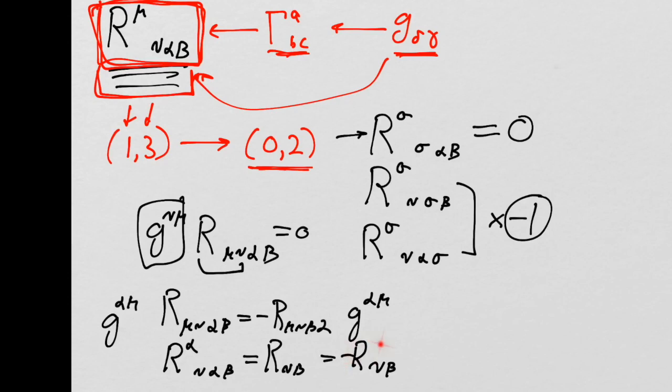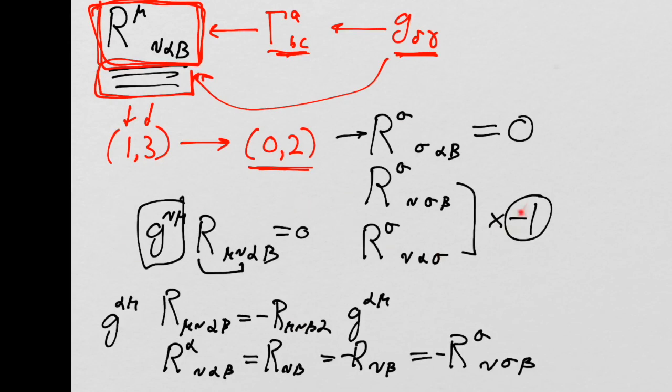And so this is the opposite of this regular one, which equals the opposite of R^σ_{νσβ}. In other words, if I contract on the middle two, I just get the opposite of what I get if I contract on the first and the last. If I contract on the first and the second, however, it's zero.